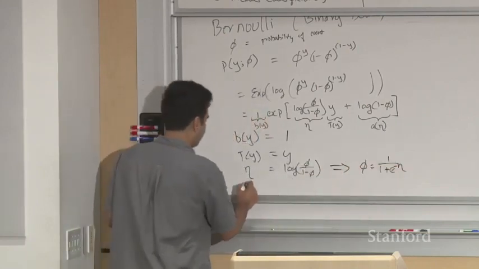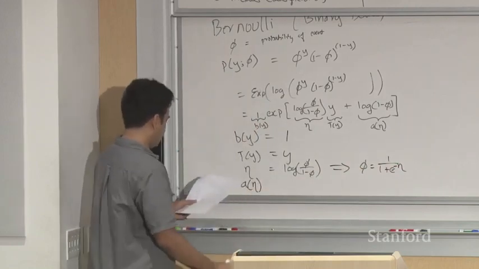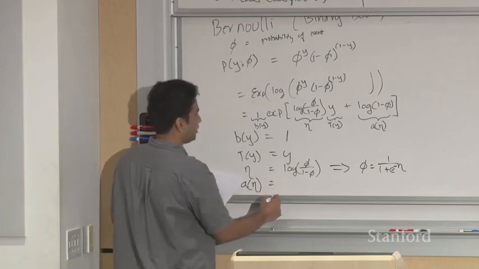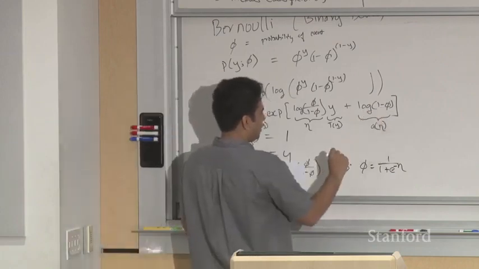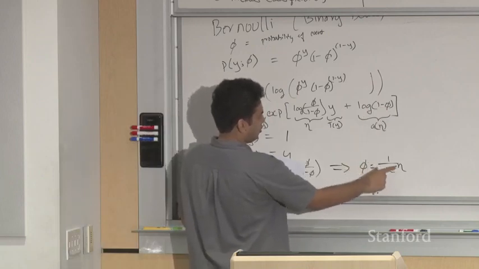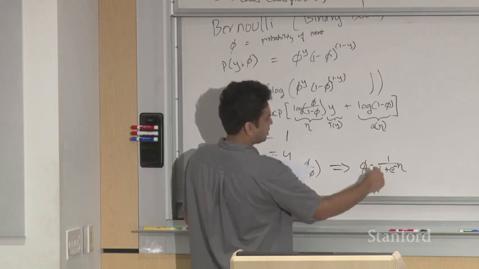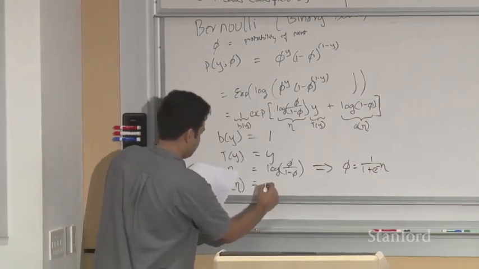And a of eta: here we have it as a function of phi, but we got an expression for phi in terms of eta, so you can plug this expression in here.